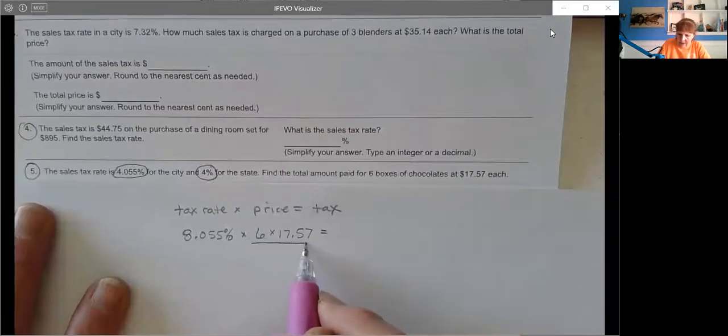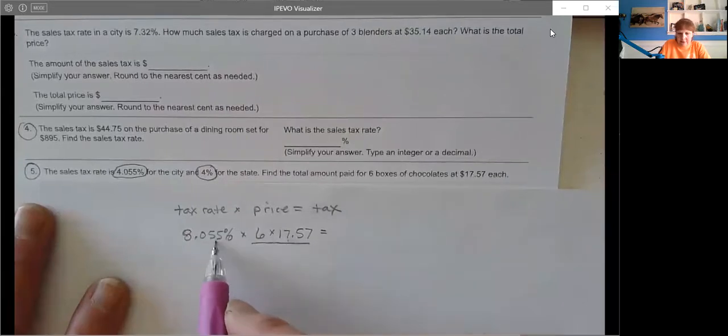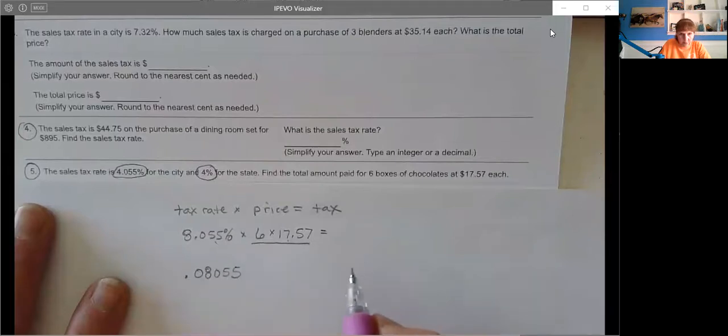So this represents the total price, 6 boxes at that much each. And then you're going to pay this much. So we have 0.08055, moving our decimal to the right twice, times 6 times 17.